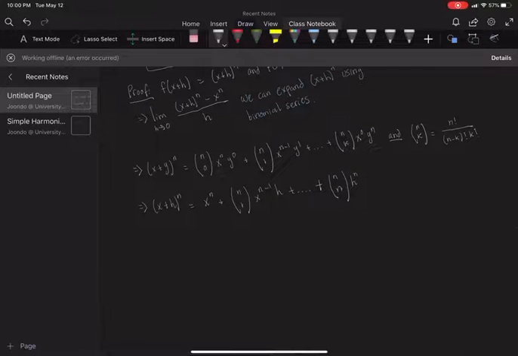And if we plug this into the term of x plus h to the nth power, then we get the following.